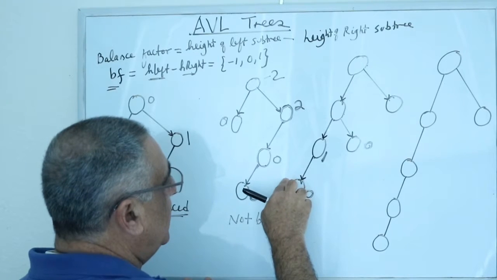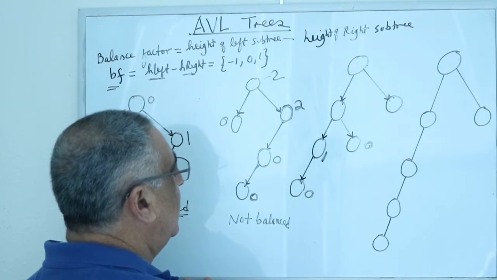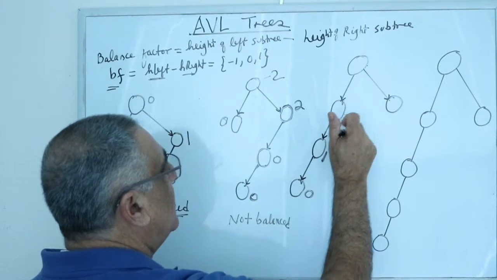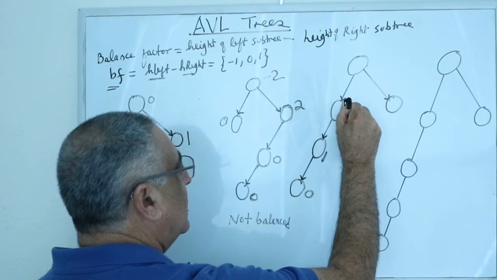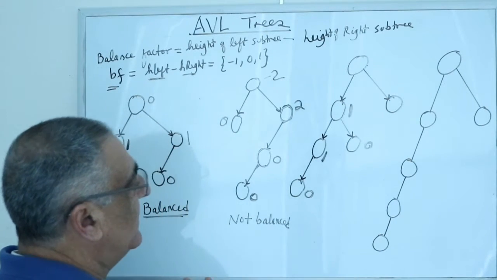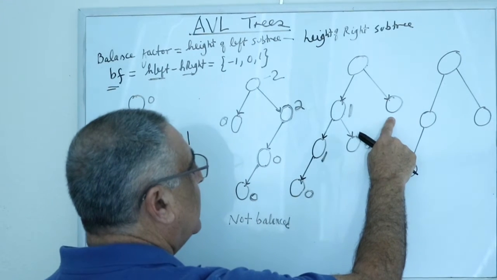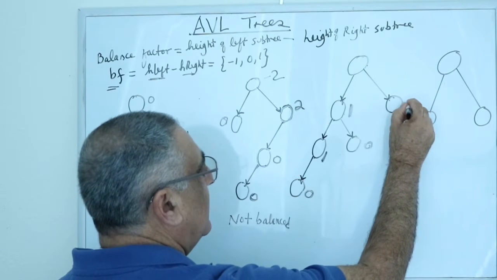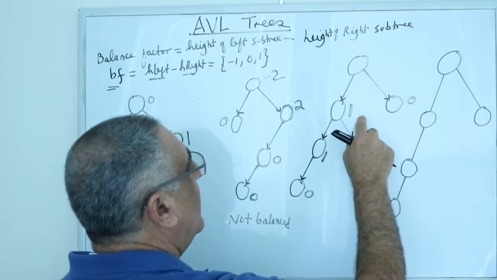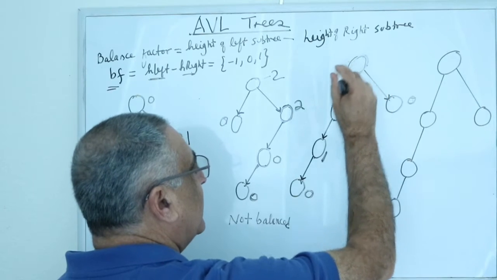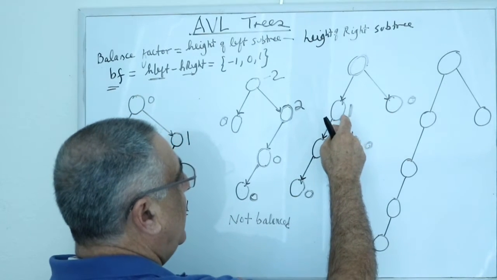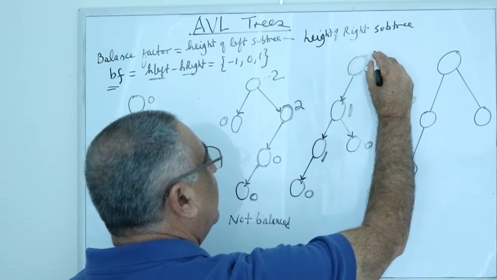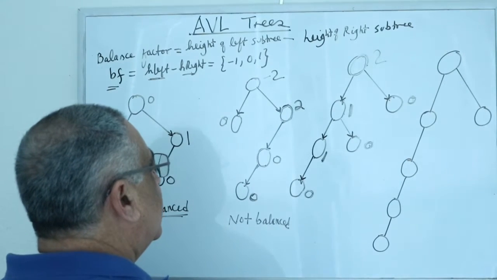This one here, the depth of the left is 2, the right is 1, 2 minus 1, that's a 1. The balance factor for this node here, 0 left subtree, 0 right subtree, that's a 0. Now the balance factor for the root is going to be the depth 3 minus 1, so that's a 2. So definitely this is not a balanced tree.